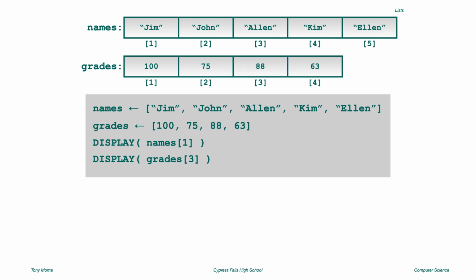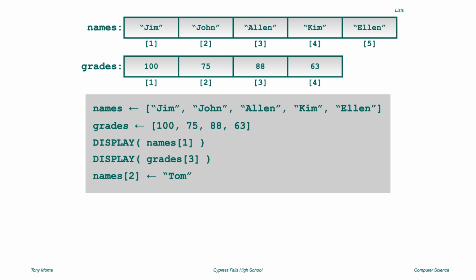Now, suppose I want to change one of the values in the list. For example, suppose I want to change the second value in the names list. Well, the first thing I would do is type the name of the list that I'm trying to change, followed by the index that I'm trying to change it at, which in this case is 2. And I would put that in between a pair of brackets. Then I would put the assignment arrow, followed by the value that I want assigned at that index.